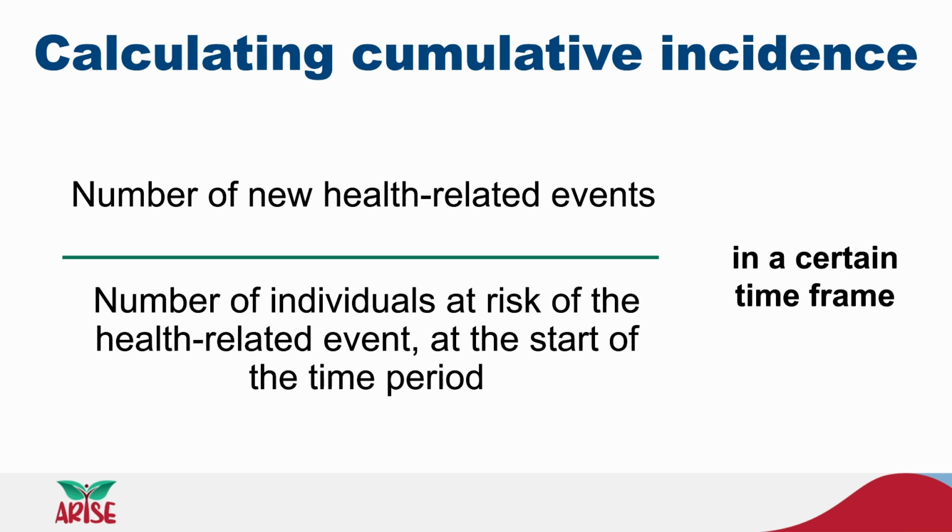When we are talking about the diagnosis of a health condition such as dementia, we would speak about the number of new cases of dementia divided by the numbers of adults 60 and over, again in a certain time frame. Very similar to prevalence so far, but with people newly diagnosed only.